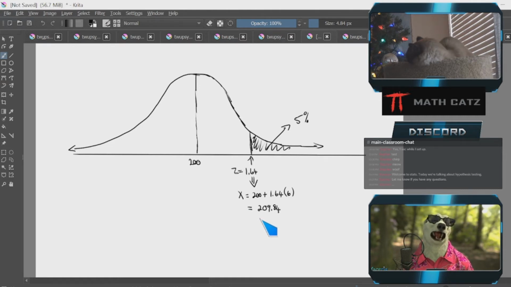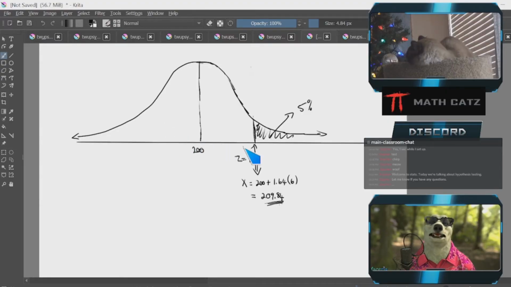So now if I look at the raw scores, this means that if I get a sample mean from my investigation of more than this, I will reject the null hypothesis and view it as strong enough evidence that a change has occurred. So we get our cutoff raw score of 209.84.